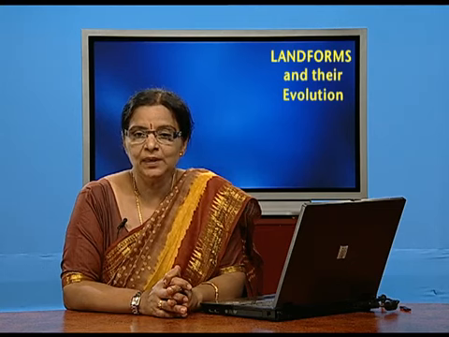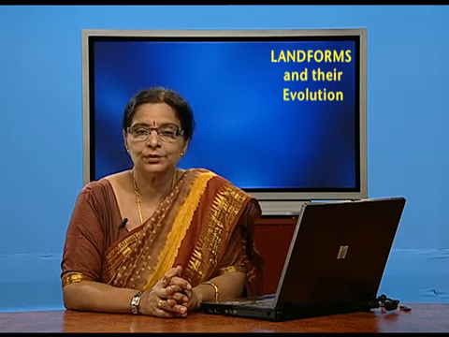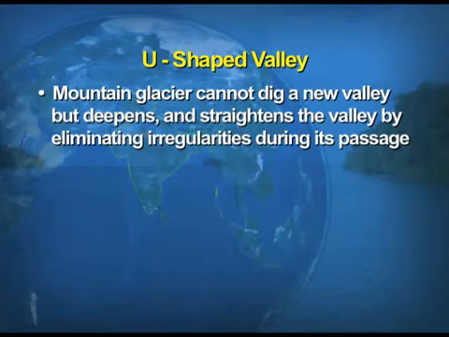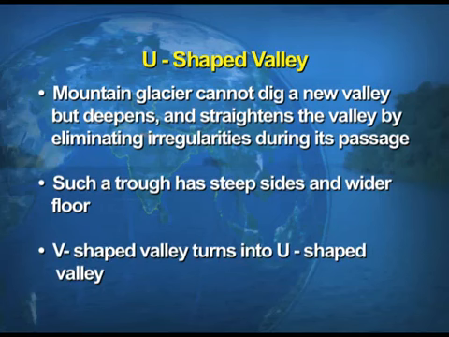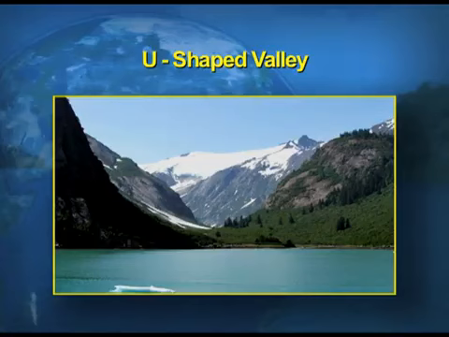That means the V gets converted into U. The mountain glacier cannot dig a new valley, but deepens and straightens the valley by eliminating the irregularities during its passage. Such a trough has steep sides and a wider floor. So, the V-shaped valley formed by the river turns into the U-shaped valley. On your screens, you can see this valley shows the shape of a U.